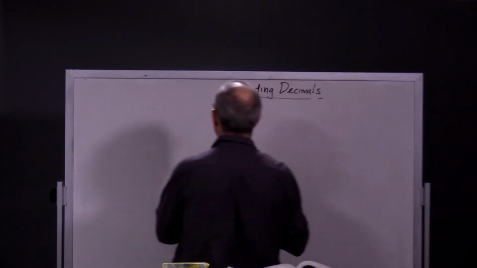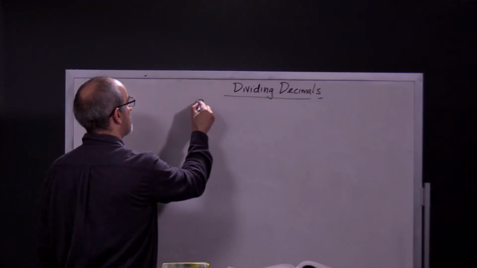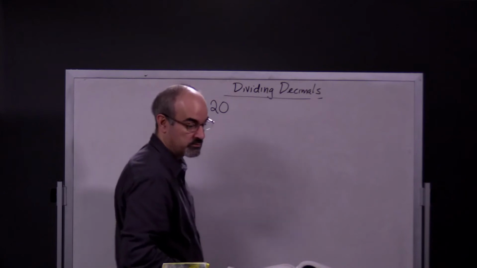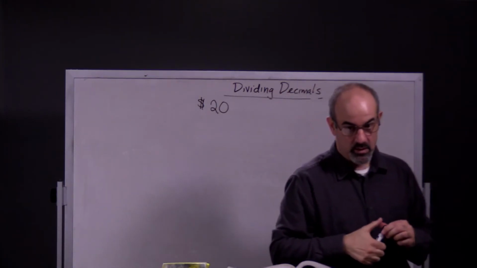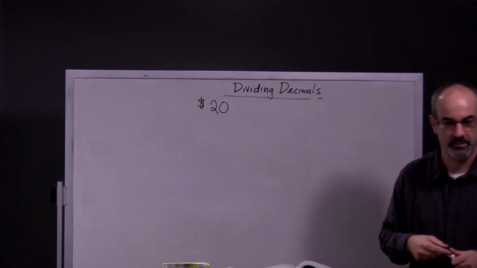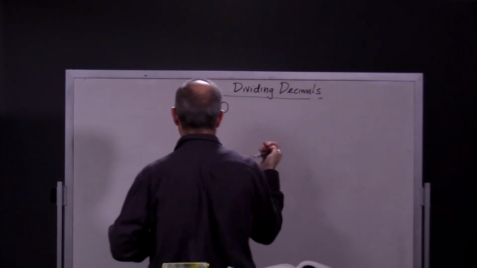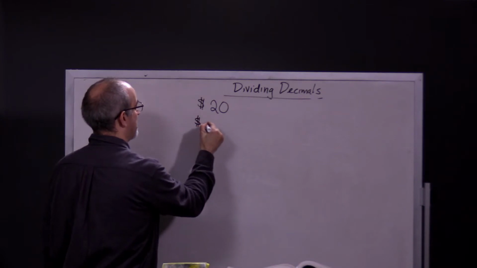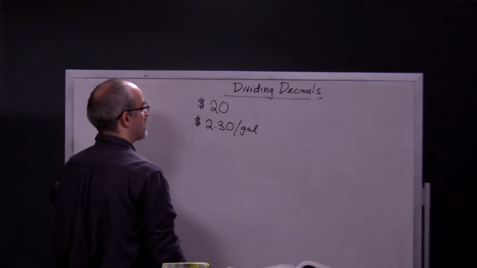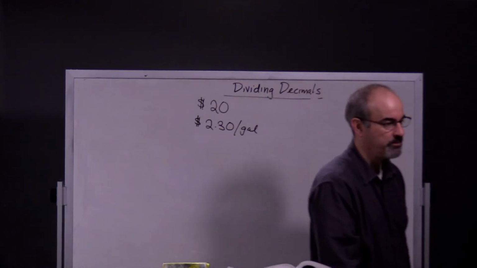So I had $20, my life savings, and the gas was like $2.30 a gallon at the time. That's probably pretty close to the truth. So I want to know how many gallons of gas I could buy.